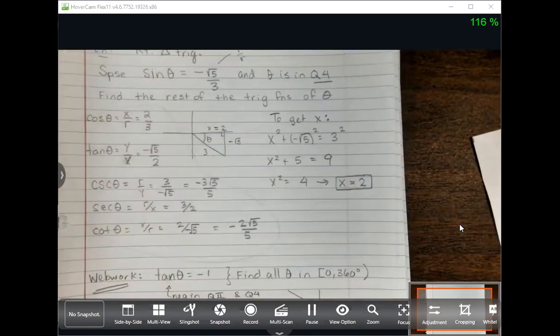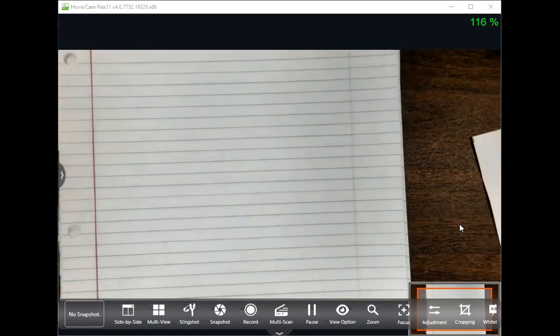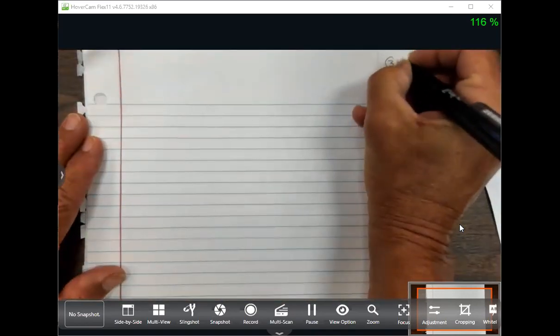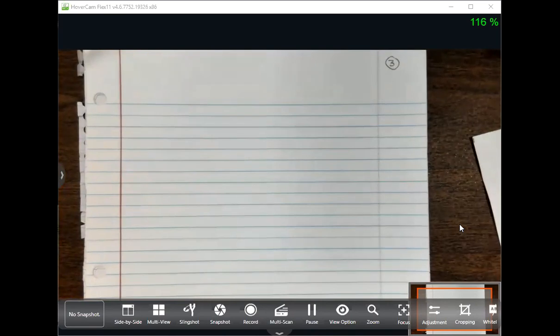Okay, so let's start section 2.4. Section 2.4 and 2.5 are kind of the same idea. So we'll take our time and go through those. This is page 3. There was a bit in section 2.3 about how to use your calculator to find these values. I said we're not going to use calculators on your test, but you probably need calculators for Webwork. So as we're doing these problems, I'll do some calculator problems to help you see how to do it on your calculator.